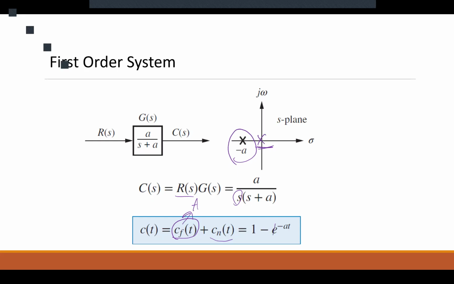Now, why is the coefficient here 1? Because the limit of s plus a times C(s), as s goes to minus a, is going to be 1. Put those in here. Is that correct?